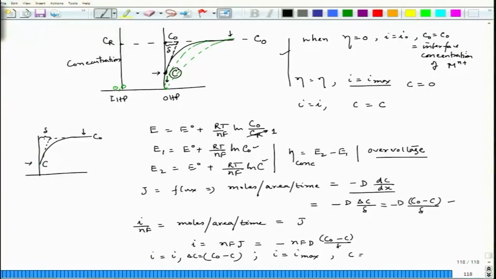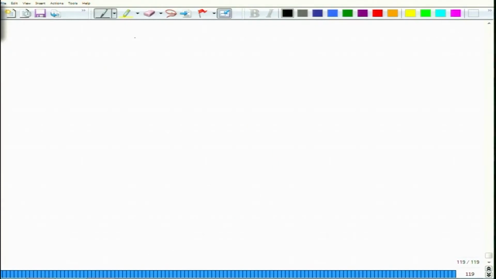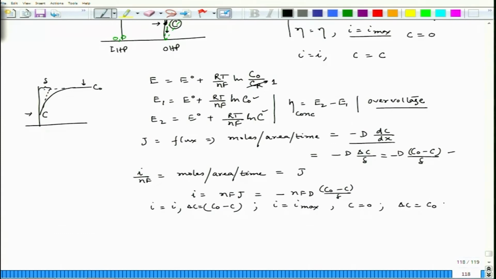In that situation, the concentration at the OHP should be 0. So, then C equals 0, or del C would be equal to C 0. So, in those situations, let us continue from here. Now, then I can write I max equals minus nFD C 0 by delta.